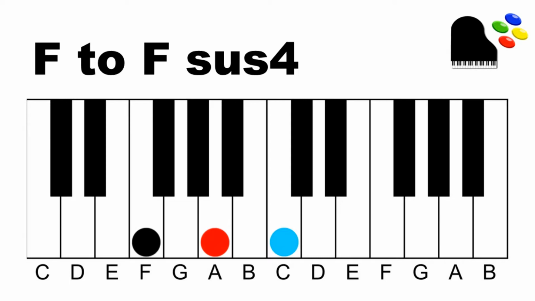At first glance, because we've been moving it up to a white key, it would look like we would be moving it here, but actually the fourth for F is going to be this note here. So it's going to be B flat. So there's F sus4.